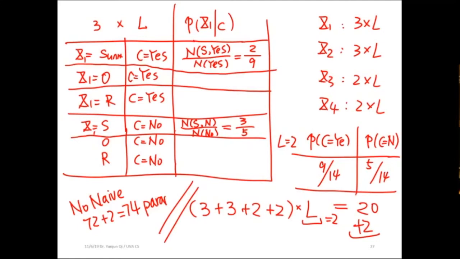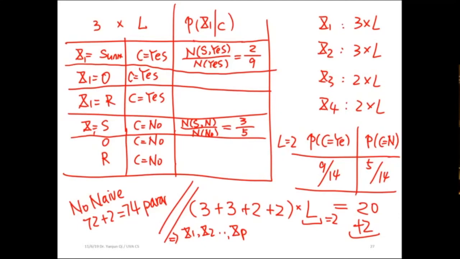Okay, now let's make it even more extreme. If I'm doing x1 until xp, each one of them has only 2 possibilities. How many parameters do I need to estimate in this case? 2 plus 2 plus 2, until the pth feature.